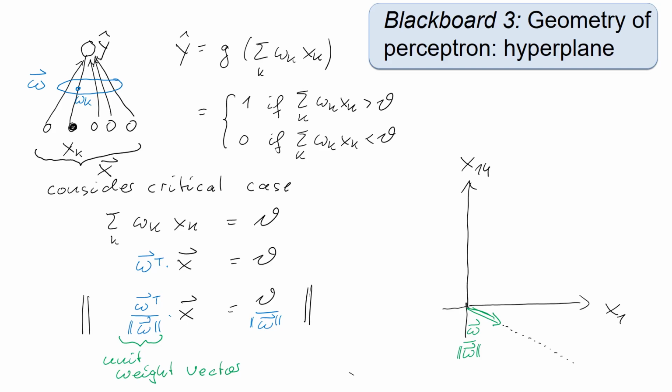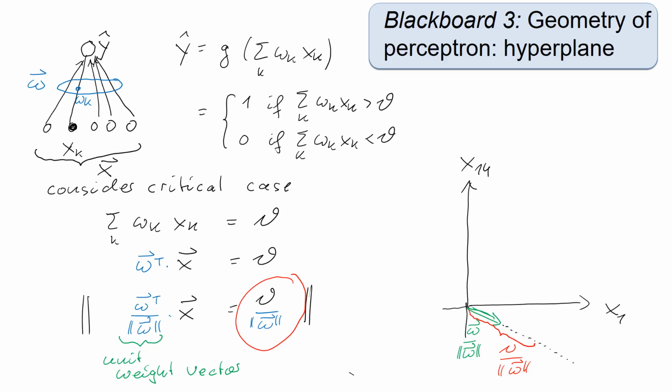And I'm interested in multiplying this by a certain factor. So now I take a certain distance, theta divided by norm of W. So that's the right-hand side in the equation I derived. And so that's just the distance.